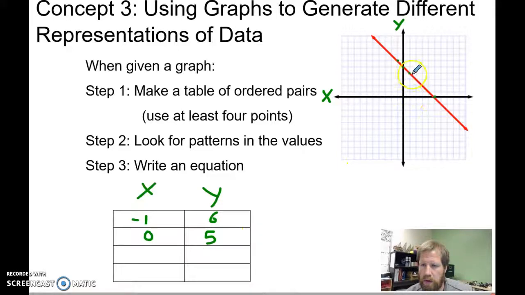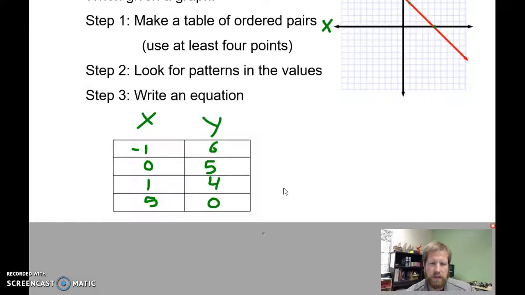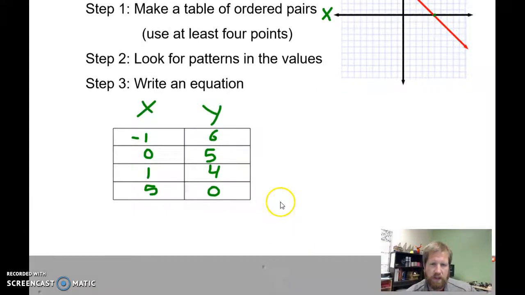When x is 1, y is 4. And x is 1, 2, 3, 4, 5 when y is 0. Okay, so we've got our table, and we can see some interesting patterns there.